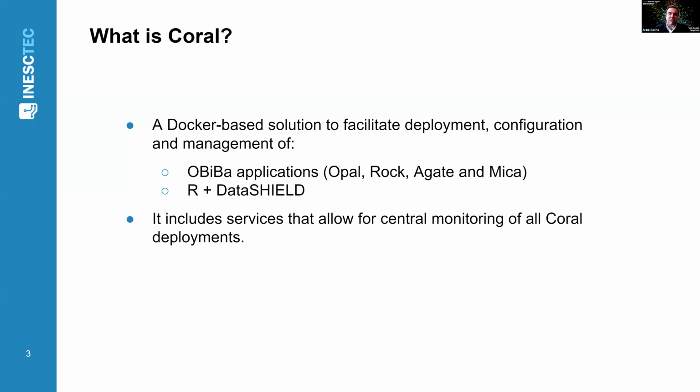Basically, Coral is a Docker-based solution with the aim of facilitating the deployment, configuration and management of the OBIBA applications, and also of DataSHIELD and R. We included in Coral a set of services that allow central monitoring of all the nodes.